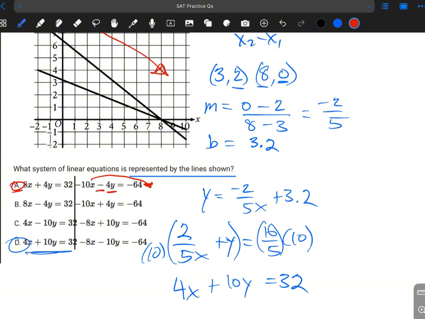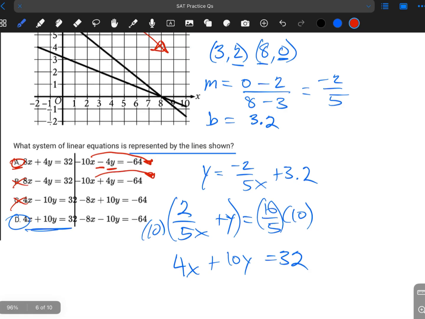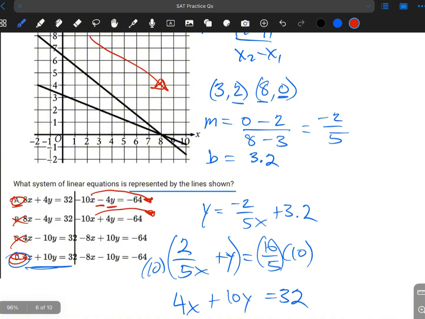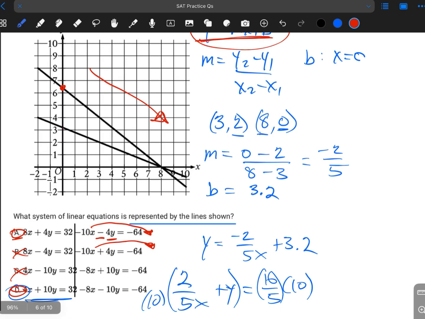But if you look at B, if you move 10x over, you have a positive 10x, and you divide by positive 4y. So you have a positive slope. So it can't be B. And the same is true for C. So it can't be that. So you know you either have A or D. But if you look at the y-intercept, you know that the y-intercept for this line is about 6 point something, and the intercept of this one is about 3 point something.